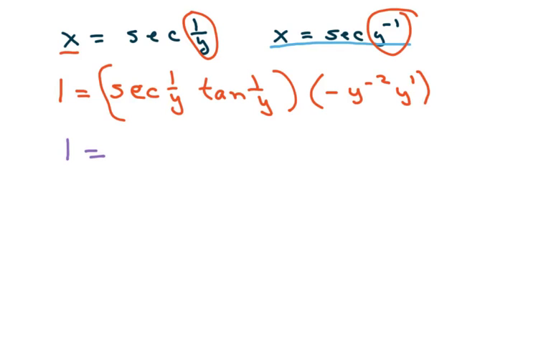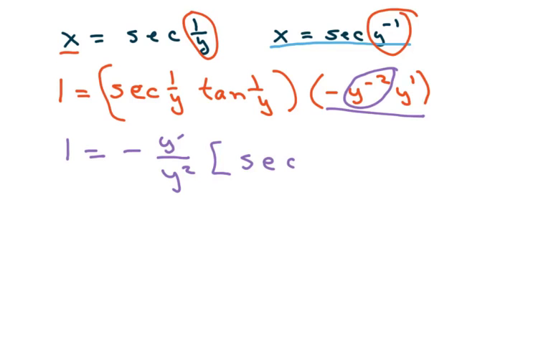And I'm going to put this guy first, so this is going to be negative y prime on top, and then this is going to be y squared, but move it to the bottom. And this looks like a 1, so I'm just going to move it like that, y prime times secant of 1 over y times tan of 1 over y.